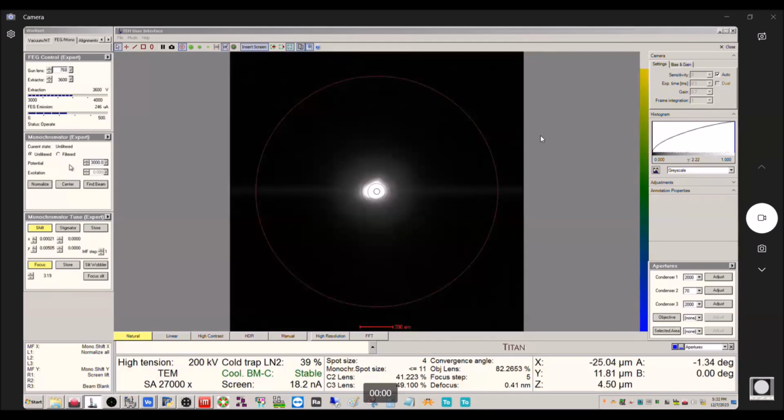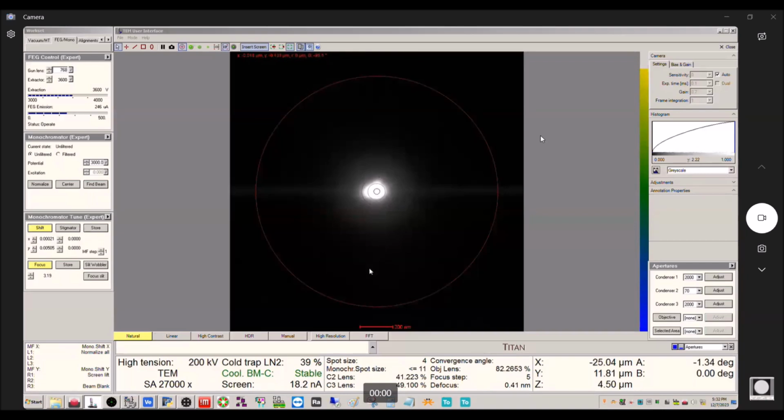When we filter this, what happens is we take this spot and we elongate it along one direction, which is the dispersive direction. In the middle, that corresponds to no energy lost, and as we move away from the middle, that corresponds to energy lost.